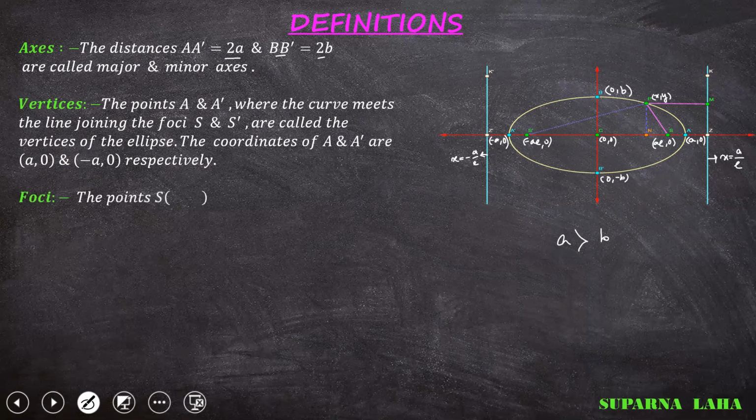So the foci, there are two focuses and we call them foci. This is S and S dash. The coordinates of S are ae comma 0 and S dash is minus ae comma 0. So here two vertices are there, two foci are there, and one center is there, and the center is at the origin.